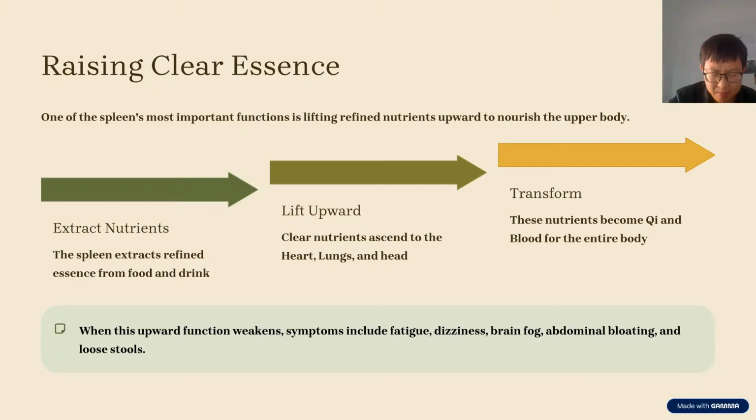So what does that mean? The generation of energy or blood depends on two or three organs, not just one. Which means, for example, how your body generates blood in Chinese medicine, not Western medicine.